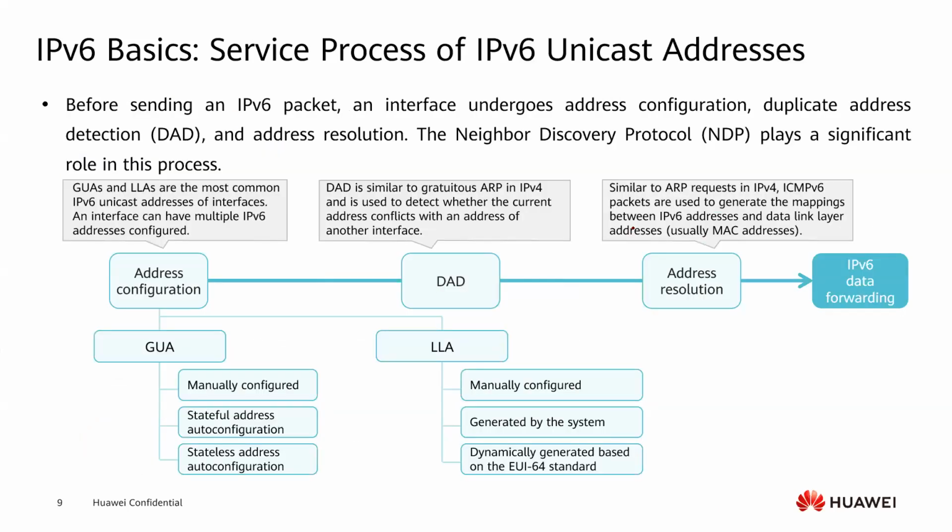And this part is the service process of the IPv6 unicast address. First, you need to do the configuration of the address. The most important one is the GUA. You can configure it by yourself, by the command ipv6 address and the detailed address. You can also use stateful address configuration, based on the DHCP version 6 protocol.